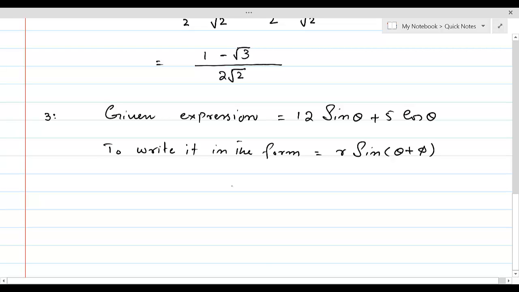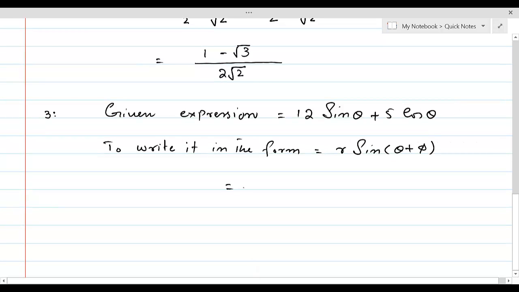So let's take a look at what this form is, r sine of theta plus phi.